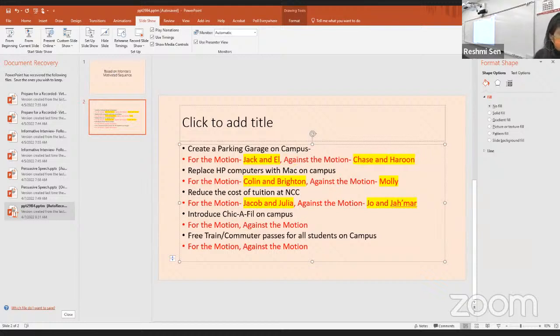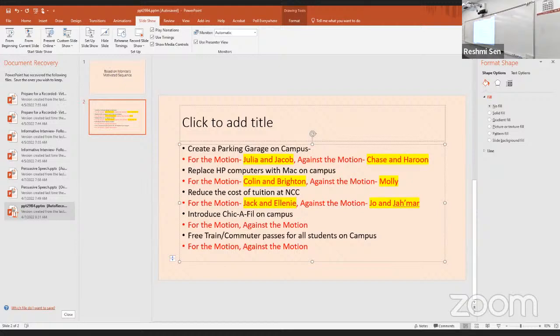Okay, so we'll have Jack and Eleni do this one. Sorry about that. Okay. All right. Please come here. Both of you, let's hear from you. The topic is creating a parking garage on campus.